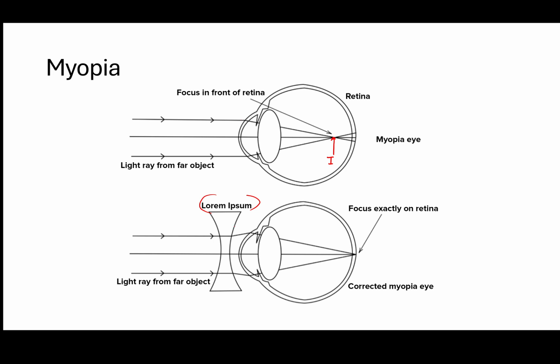So what we do is diverge them a little bit more, space them out, so that they converge directly on the retina, exactly on the retina. We apply this diverging lens. Everybody okay here? Alrighty.